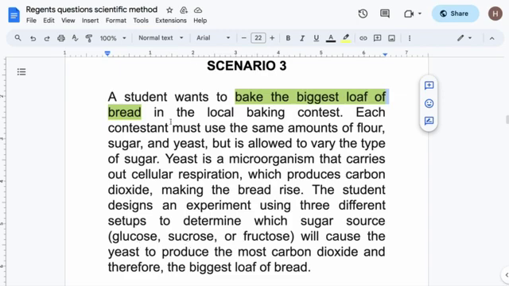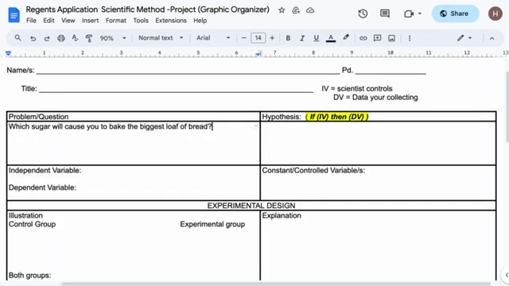So let's look at our hypothesis, okay? So our hypothesis is going to be, if we add, which one did we say we were going to add? We said we were going to add glucose. If we add glucose, the bread size will increase. Why is it being highlighted like that? Let's not highlight. No highlighting.